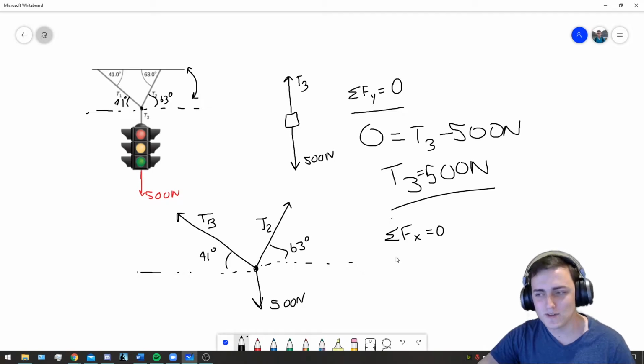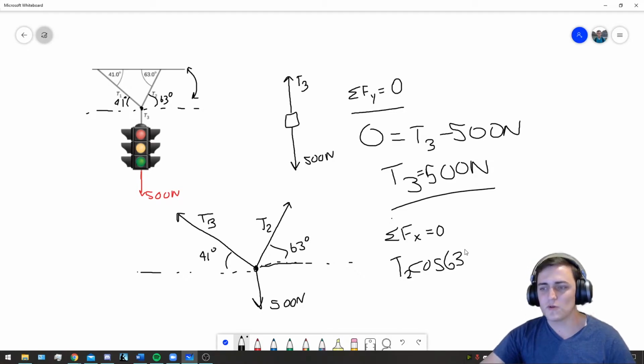So we're going to have a positive component, and the x component is the hypotenuse, T2, times either sine or cosine of 63. And we know it's cosine because we're looking for that adjacent side. Cosine is adjacent over hypotenuse. And so we know we're using the cosine instead of sine.